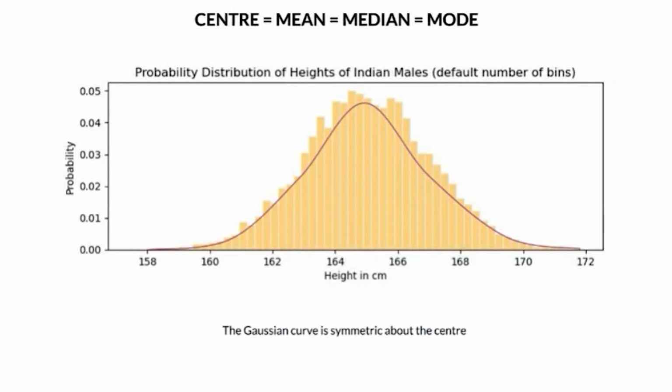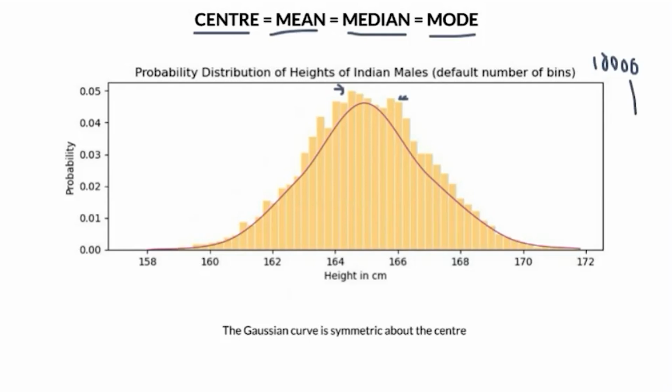Before we move on, one thing is very obvious here: the center of the normal distribution is equal to the mean, equal to the median, and equal to the mode. In this case I have taken 10,000 data points, so some bins seem higher and some lower, and you might say the mode is to the left or to the right.